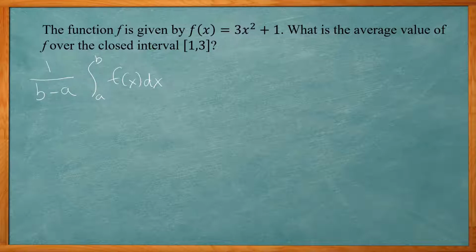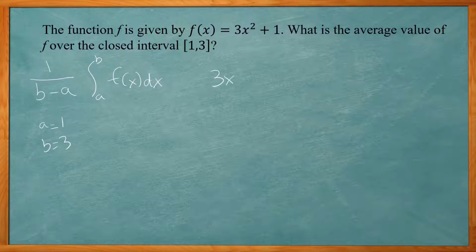Okay, so we're going to do the integral, evaluate it from a to b, and multiply by 1 over b minus a. And in this case, a is 1 and b is 3.